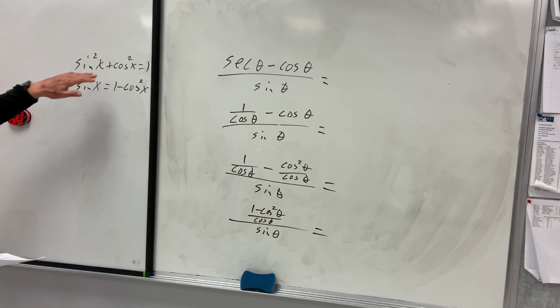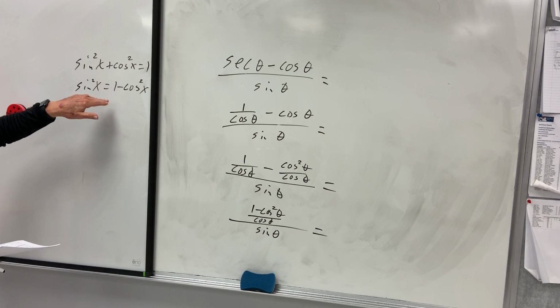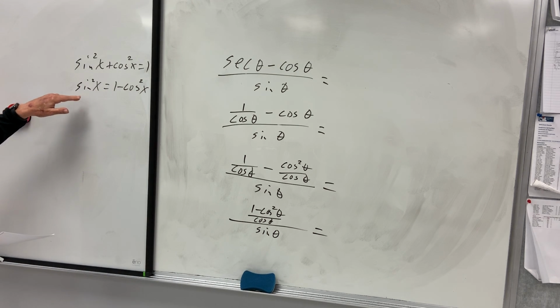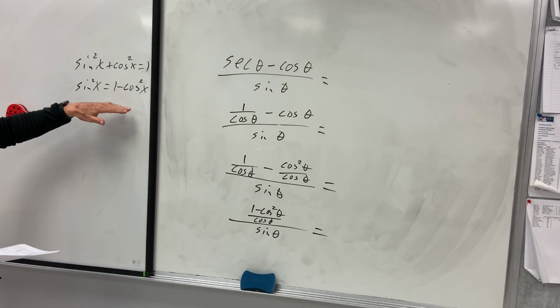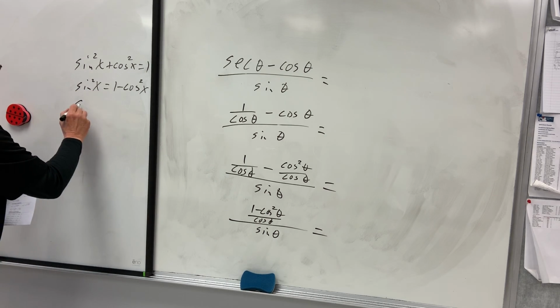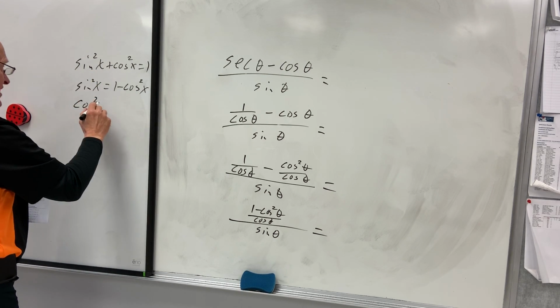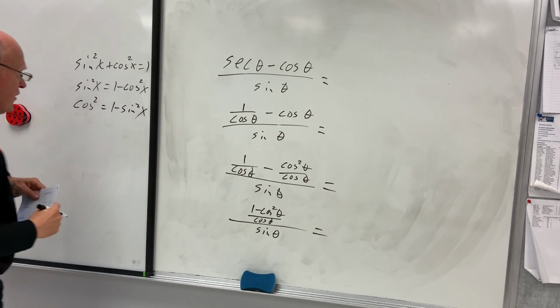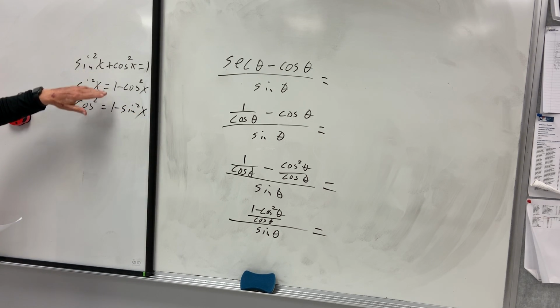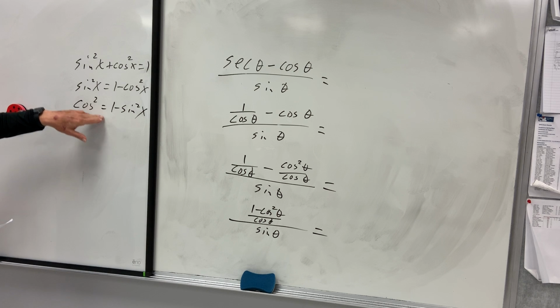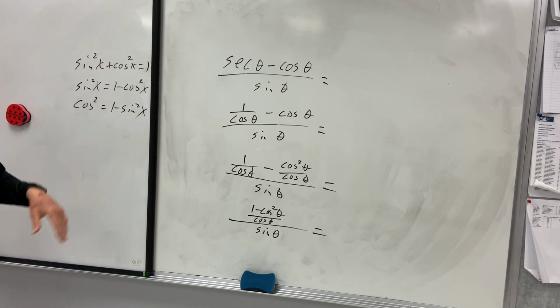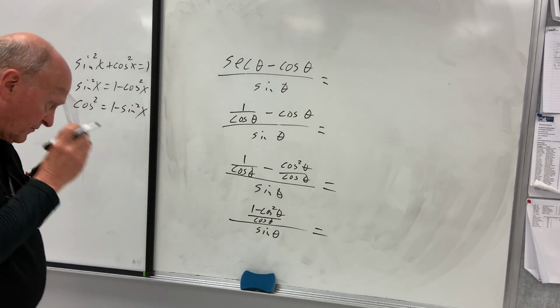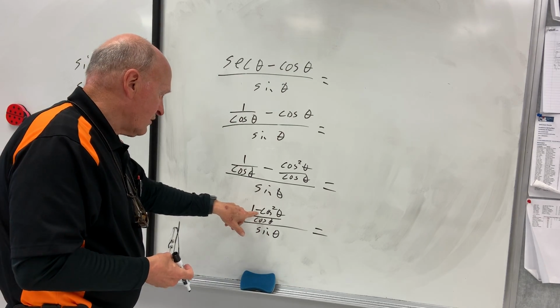Now, by the way, this identity is used like this. Same way, I could say that cosine squared is 1 minus sine squared, subtracting sine squared from both sides. You're going to use this identity in this form or this form probably as much as you use it in this form.